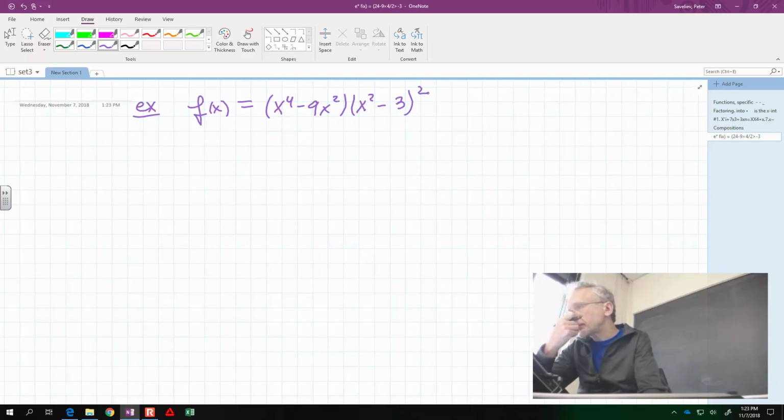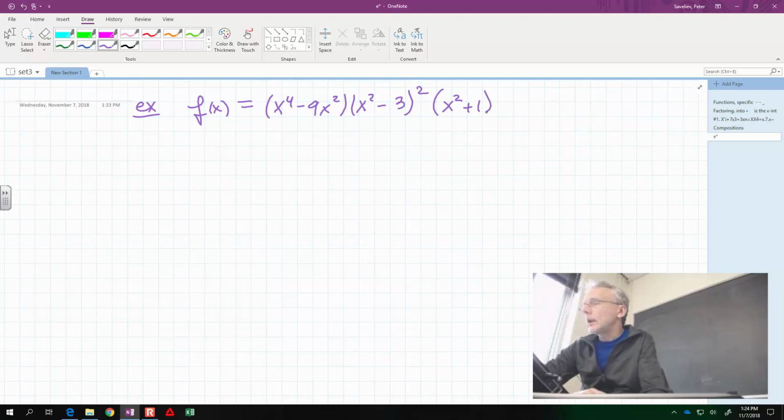Okay, so even though it looks factored, we need to extract linear factors from it. Linear factors as much as possible. Let me put one more here, like this. That makes a lot of factors, but that's okay, I guess.